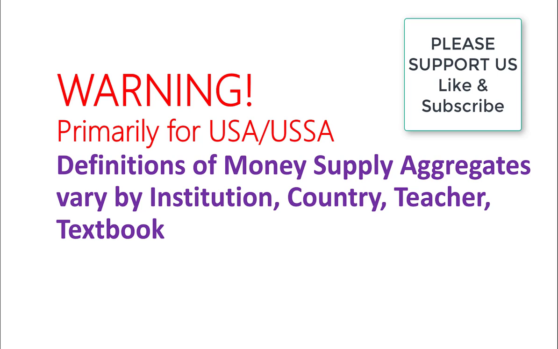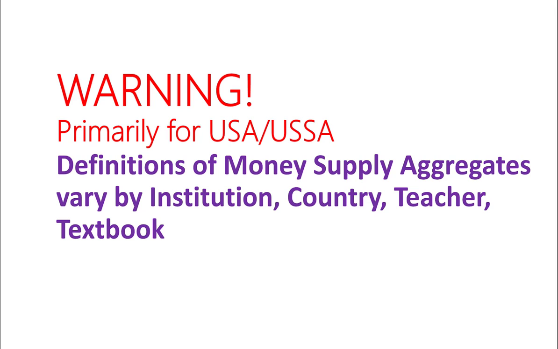But definitions of money supply aggregates vary by institution, country, teacher, textbook. There are very clear differences between Europe and the USA, and then there are different interpretations to them. So they can vary, and they will vary. Just keep that in mind, even if a certain group is talking about one particular country or nation, because the aggregates refer to macroeconomics for one nation's economy.